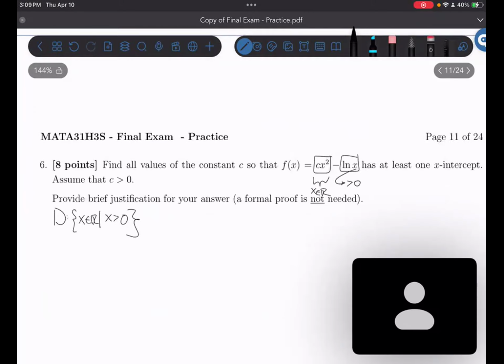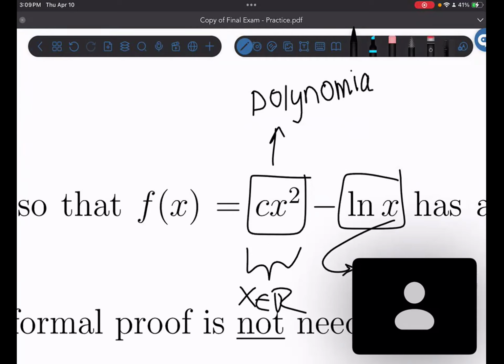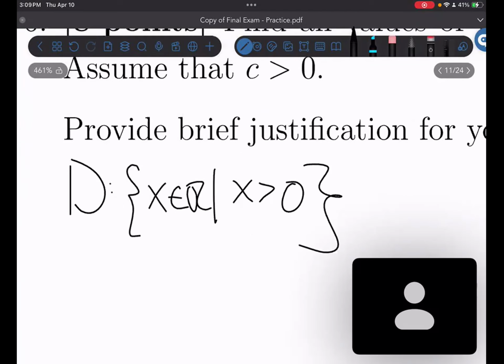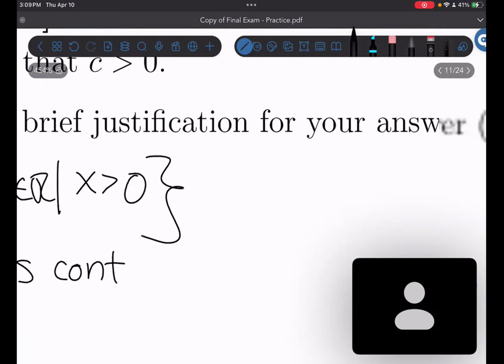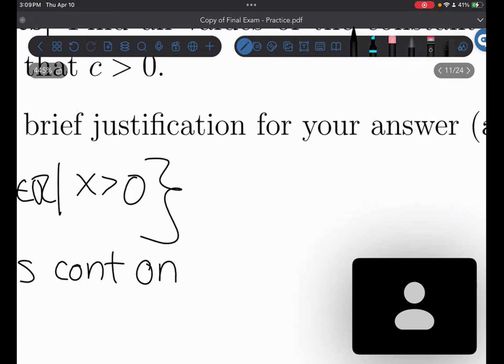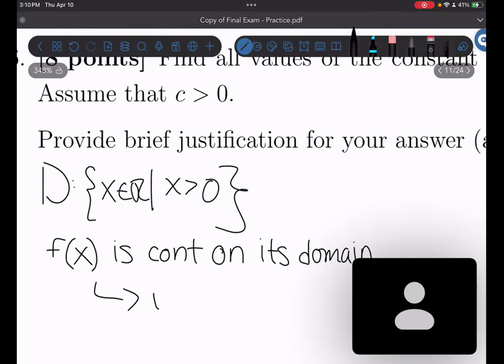We can also note that f of x is continuous, because we have a polynomial term, and the ln function is continuous as well. Since f of x is continuous on its domain, we know that it is differentiable on its domain.